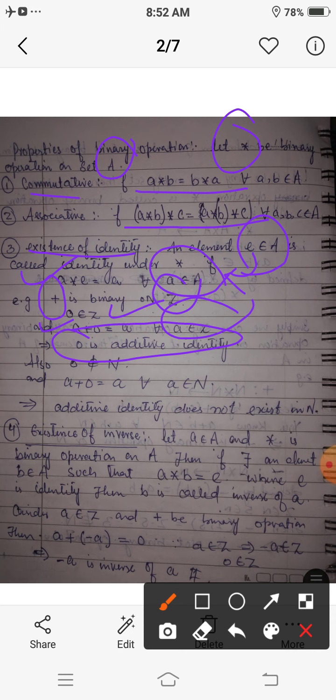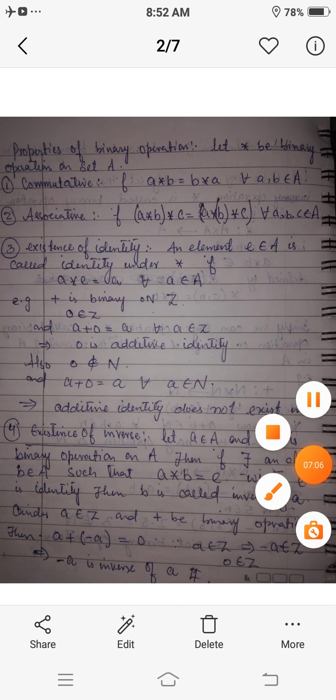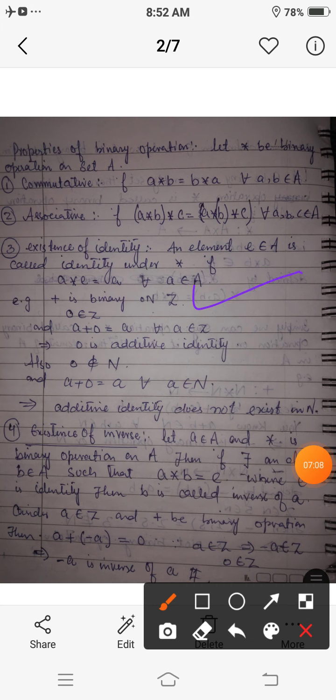Also if we consider the natural numbers and plus as the binary operation, a plus 0 equals a for all a, but 0 does not belong to N, which implies that under addition the identity does not exist for the set of natural numbers, although it exists for the set of integers.